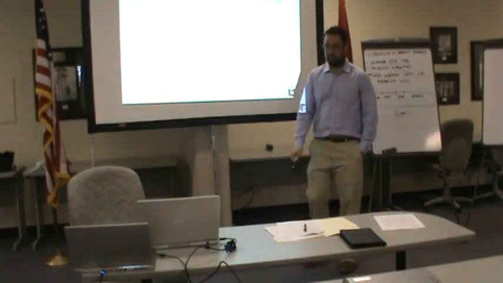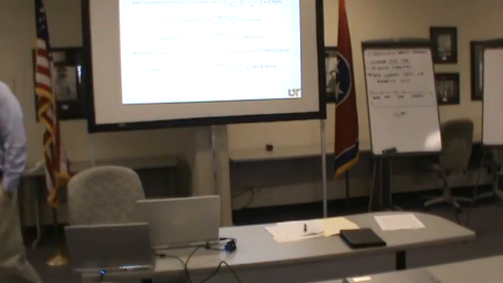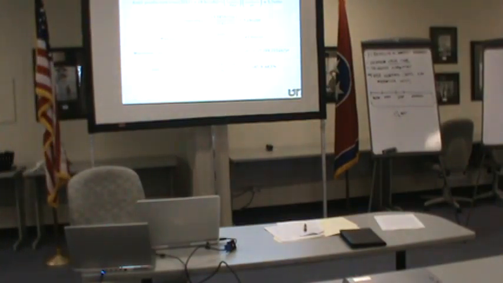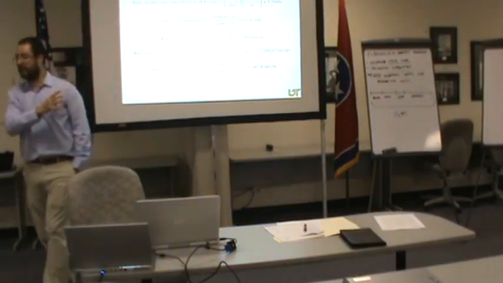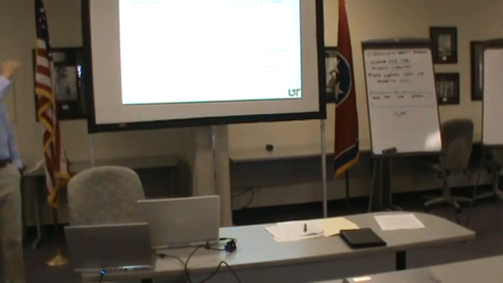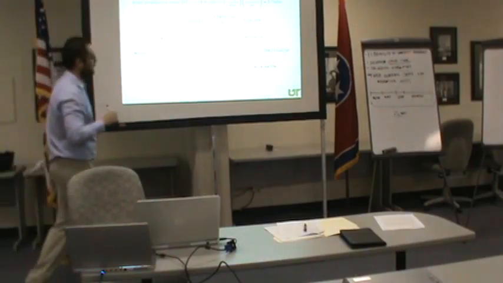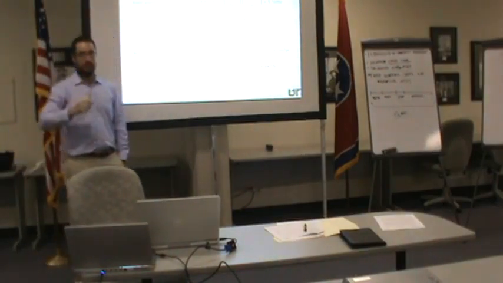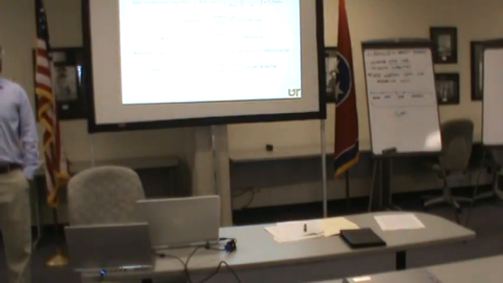So then we can determine the maximum number of lots. For maximum number of lots, we just use the total available time we have and divide it by how long it takes to produce one lot. So we get 1,819 lots per year. That's what we theoretically could do.